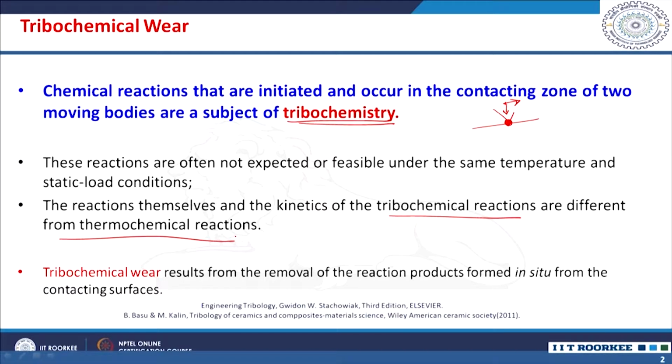So, the material removal due to such involvement of tribochemistry at the contact is called tribochemical wear. It results from the removal of reaction products formed in situ from the contacting surfaces. There are several examples of such instances.